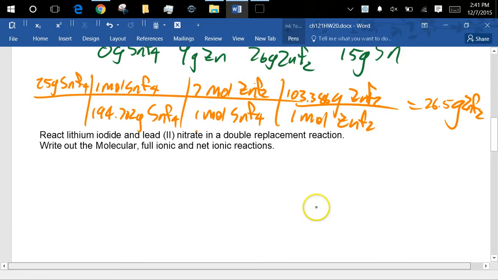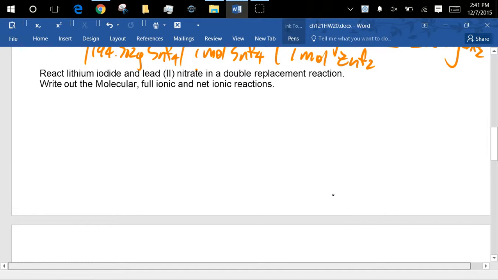Write out the reaction. Okay, so I've got, what's the formula for lithium iodide? LiI. And Pb(NO3)2.